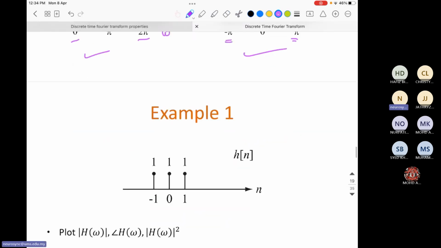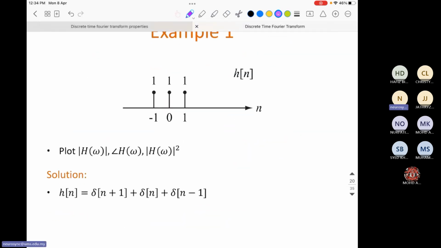Now, for example, if I have the signal h of n like this, with x-axis n and unit magnitude, how do we write this signal h of n? At n equal to minus 1, n equal to 0, and n equal to 1, the value is 1.